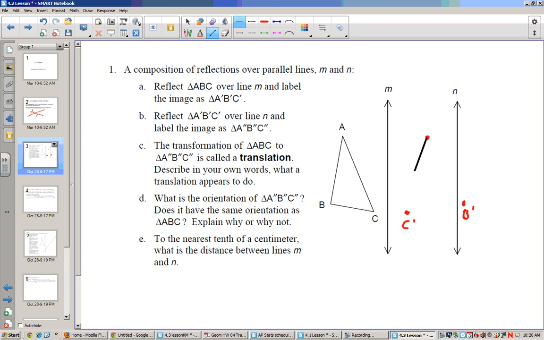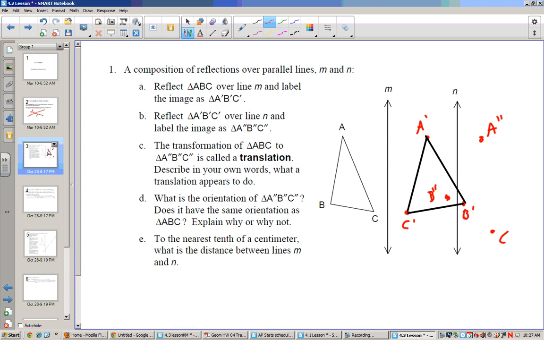So I'm going to draw my triangle and label my A primes. Make sure you label all of these. Now when I reflect this, B prime is going to be here, A prime is going to be about there, and C prime is going to be about there, or C double prime. So now A double prime, B double prime, and C double prime. So if you did it correctly, it should look something like this.